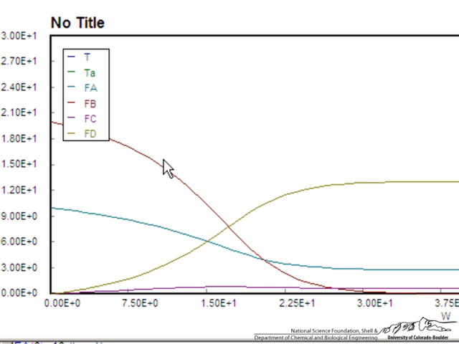And what we can see happens here is that we consume all of one of our reactants, the oxygen, is being completely consumed, so the reaction stops at that point. At a certain length down the reactor, we reach our optimum conversion to make our desired product, which is this small purple trace. But unfortunately, our main products are CO2 and water, as you can see from this predominant trace.